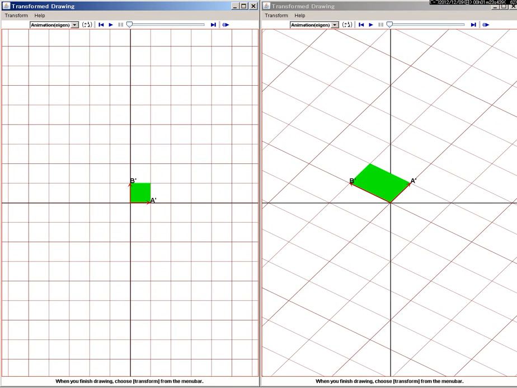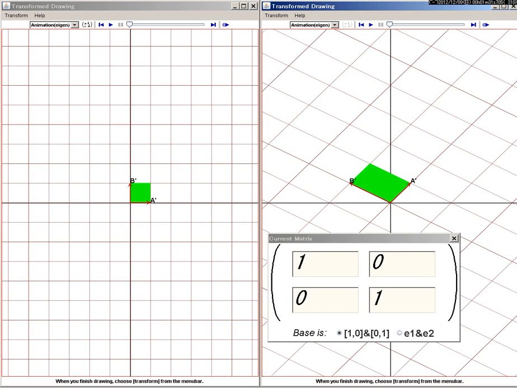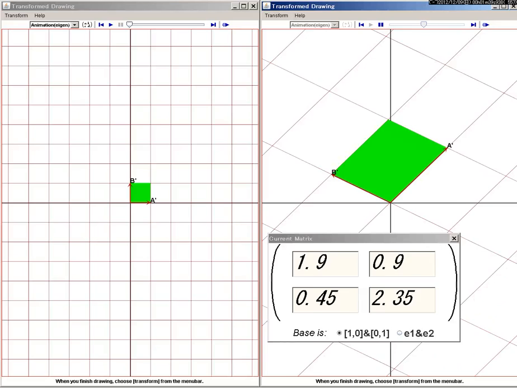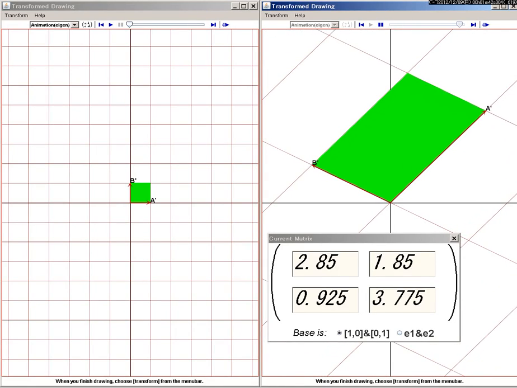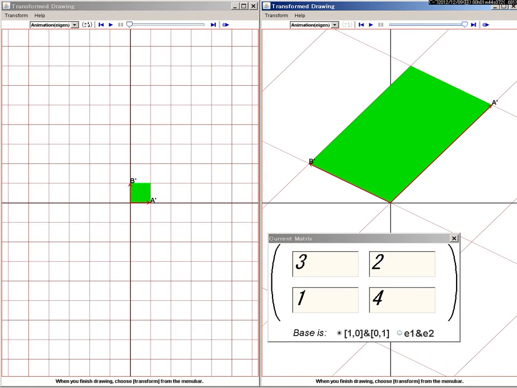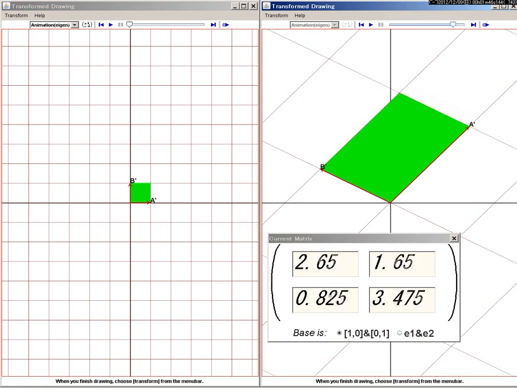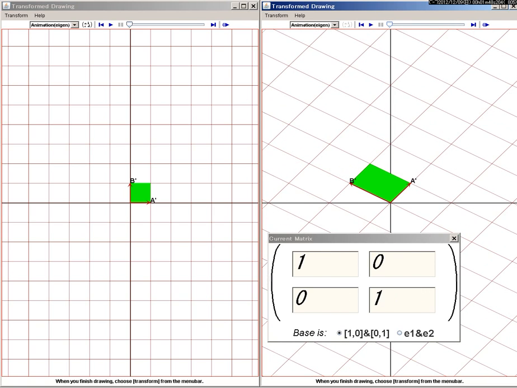And you can see this similarity even better by checking these current matrices. But if you use the base (1, 0) and (0, 1), the similarity is not clear. You have to use E1 and E2 as a base.